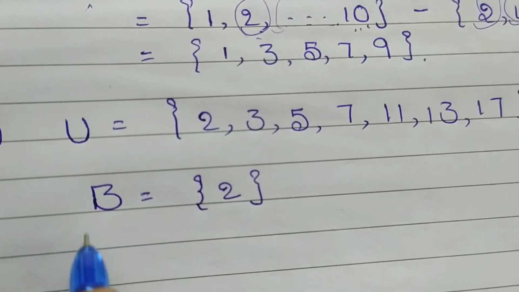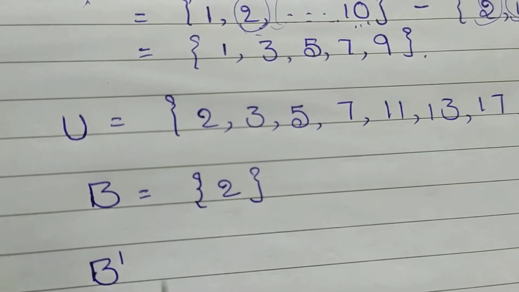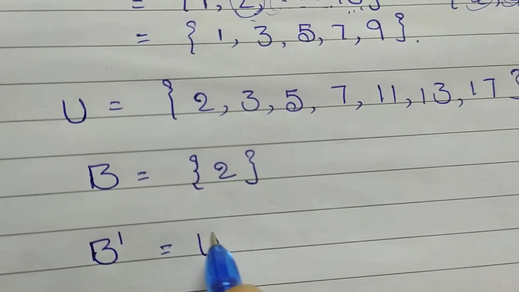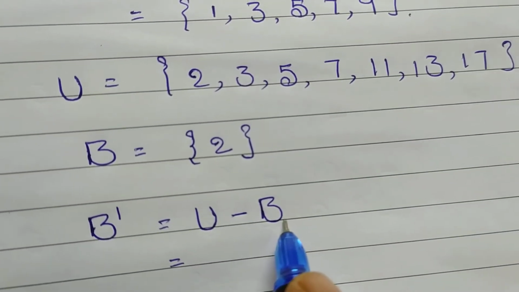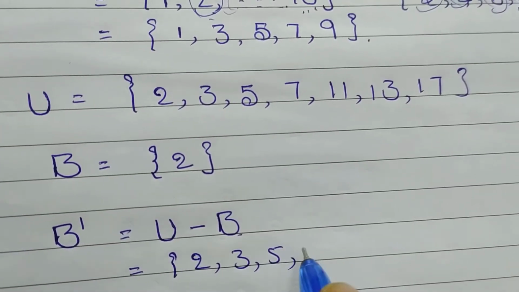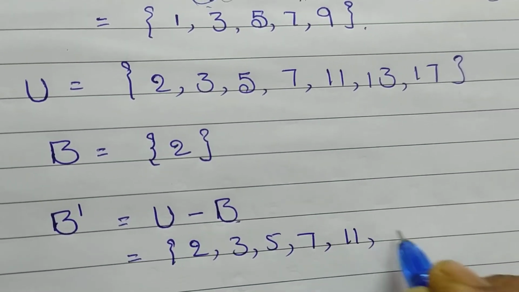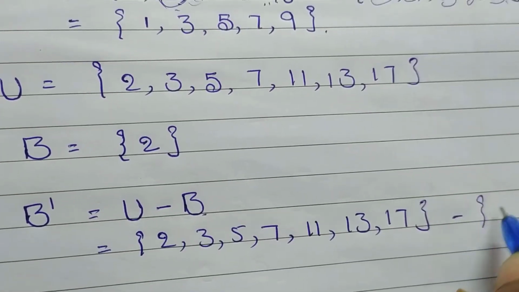Now if they ask us to find B complement, what should we do? From the universal set we have to subtract the set itself. So that is 2, 3, 5, 7, 11, 13, 17 minus 2.